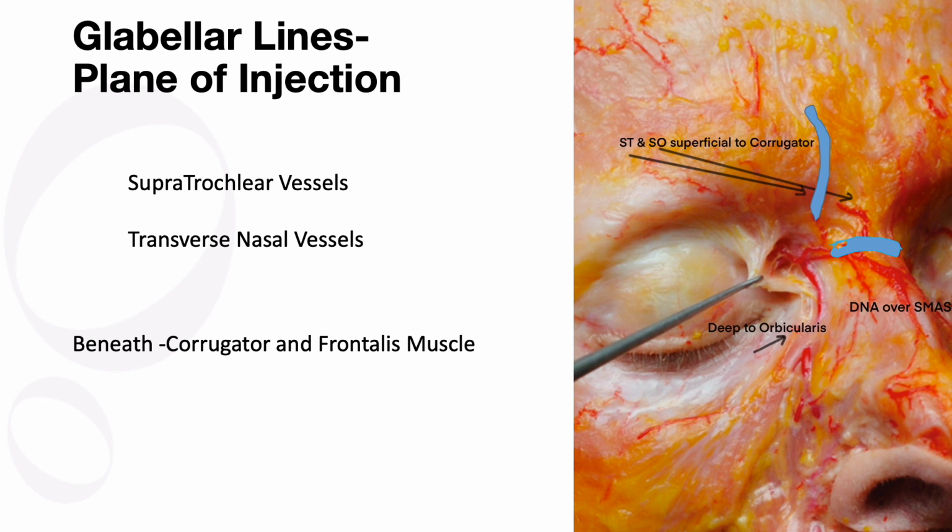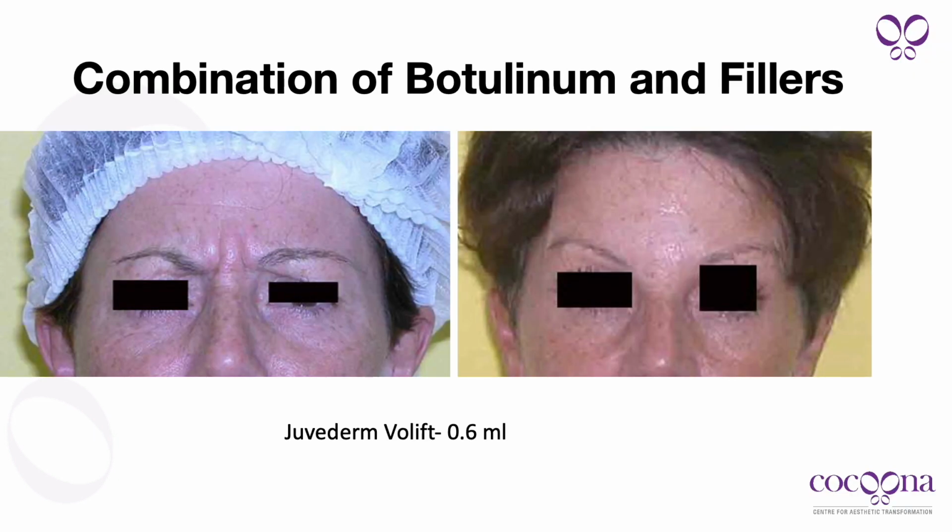So the best plane to inject is the subcutaneous plane to be safe, and I will show you that in the video. This is just an example of a glabellar fold improved by a combination of botulinum injection and filler injection. So adding filler in this region has the benefit of prolonging the effect of botulinum. So I've used Juvederm Volift 0.6 ml.